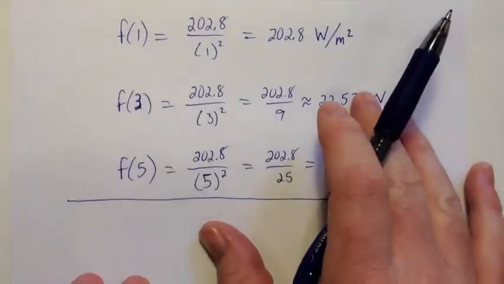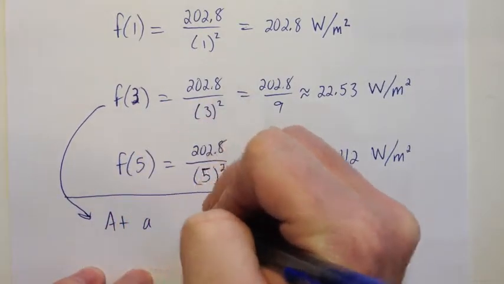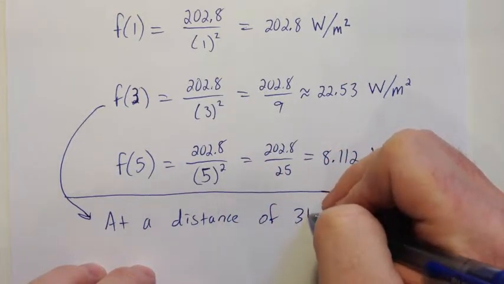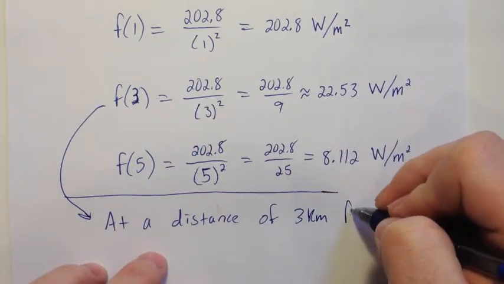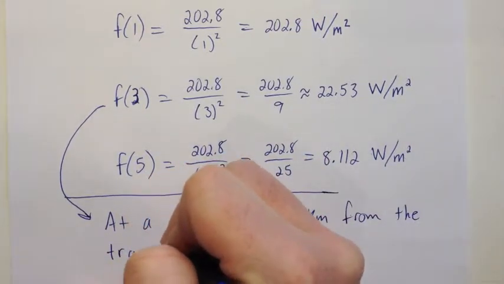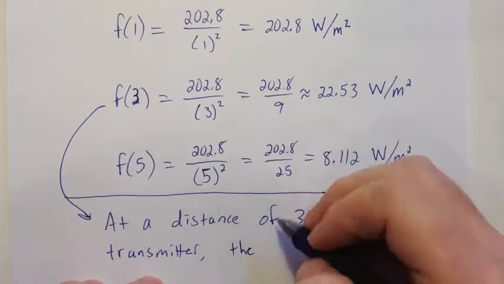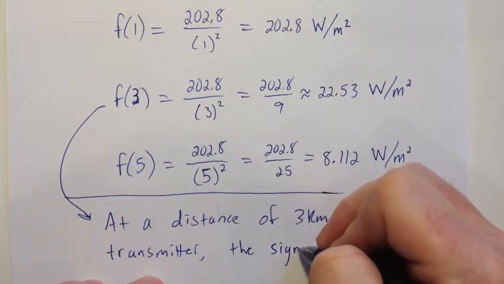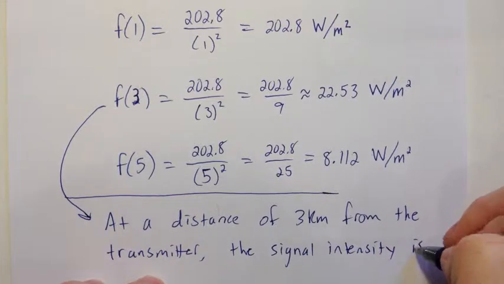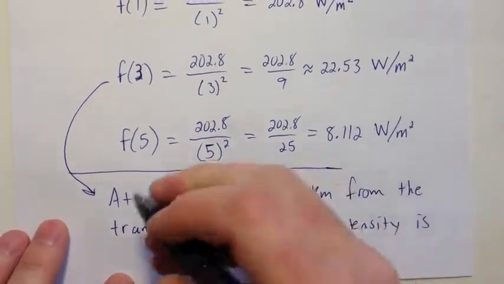So I would say for this one, at a distance of 3 kilometers from the transmitter, the signal intensity is 22.53 watts per square meter.